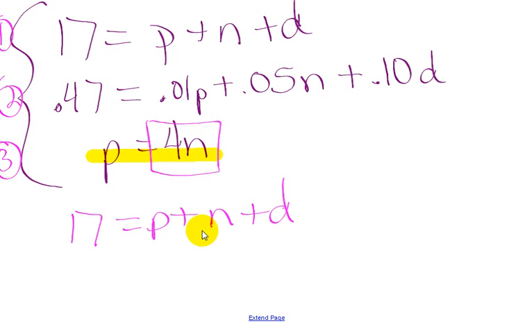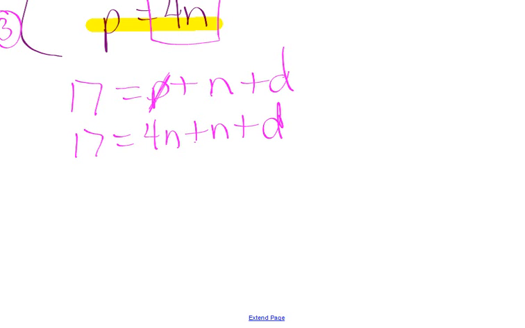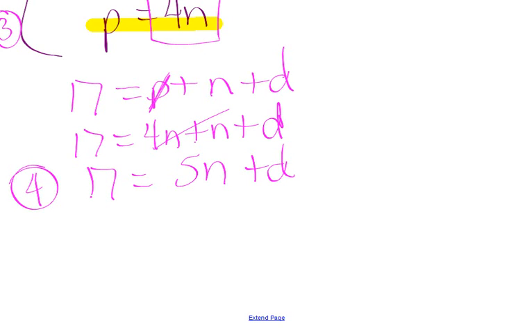And we know that the pennies is equal to 4n, so we're going to substitute that. 17 equals 4n plus n plus d. Now let's solve that. 4n plus n is 5n plus d. So we have our fourth equation: 17 equals 5n plus d.